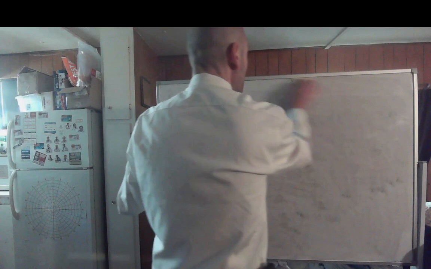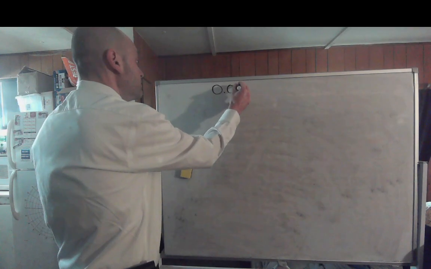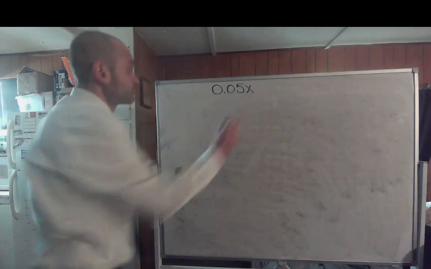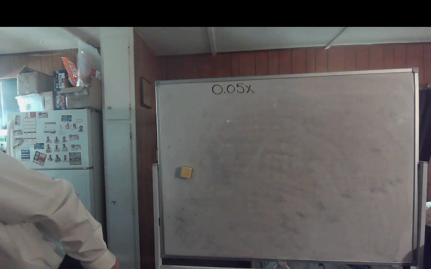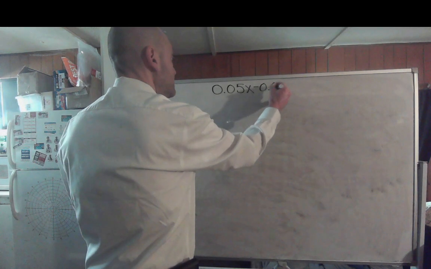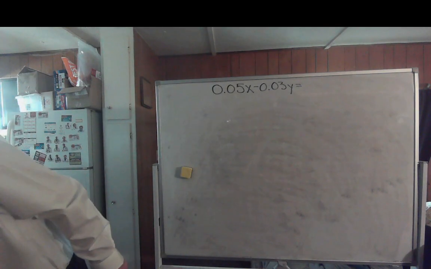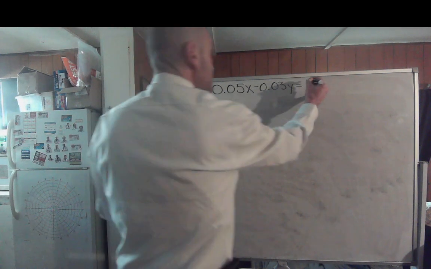Let's do one more decimal one here. But they're going to pull the rug out from under you a little bit. You have 0.05x minus 0.03y is equal to 0.21.